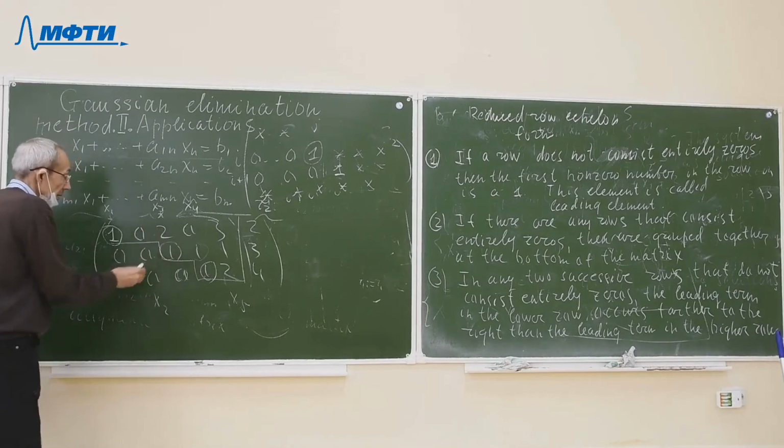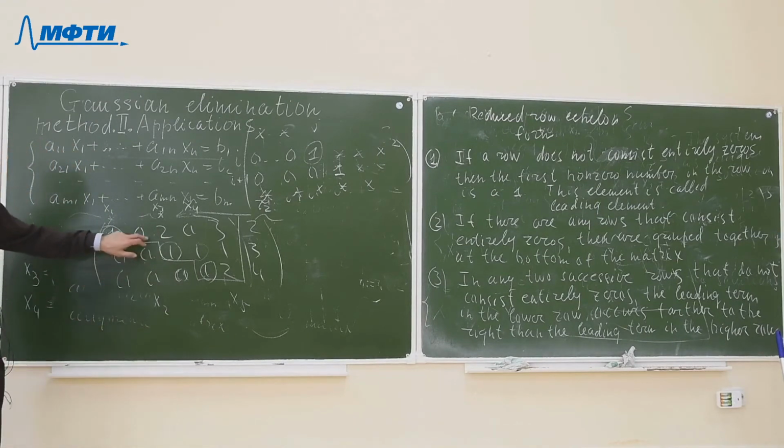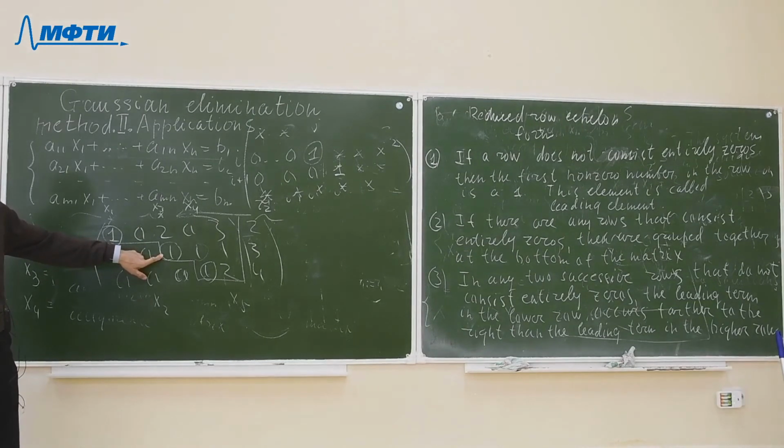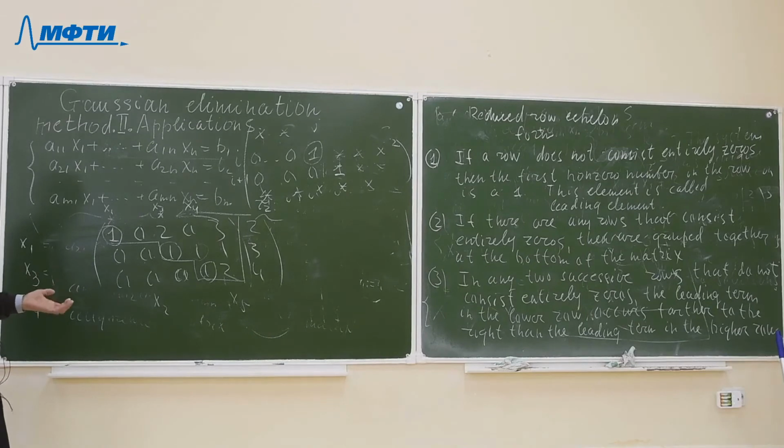We can also use the row operation and subtract from the first row the second row multiplied by 2. Okay, and after this operation we obtain the reduced form with equivalent solution.